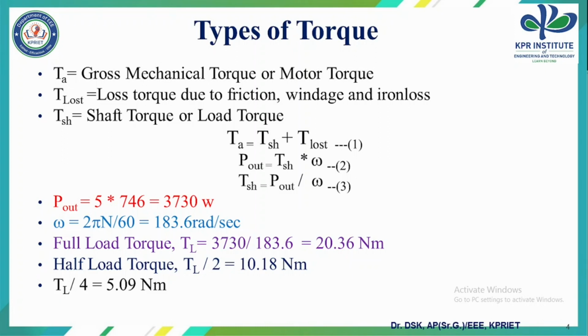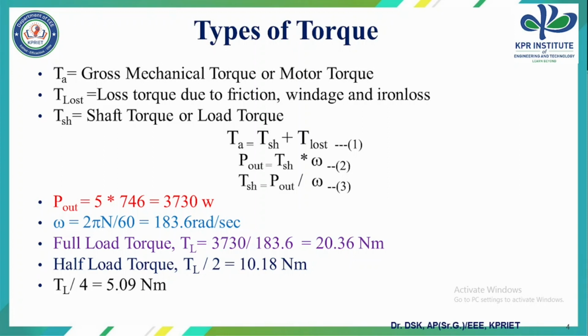Here we have represented the output as 5 horsepower. In order to convert the horsepower into kilowatts, we are supposed to multiply it by 746, so the output will be converted in terms of watts. To get the full load torque, we use the formula P out by omega, which is equal to 20.36 Newton meter.